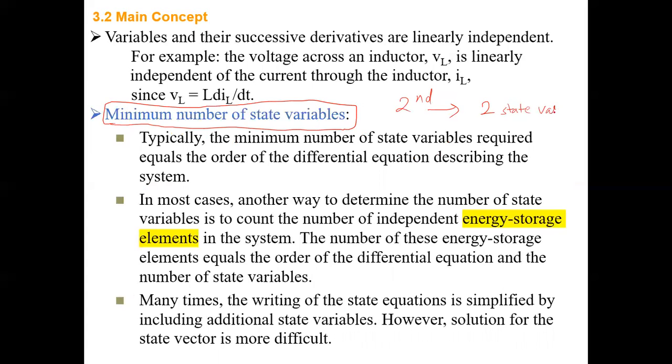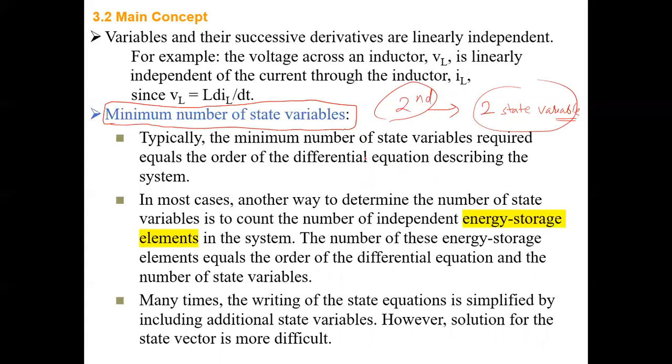So 2 is the minimum. The minimum number of state variables is equal to the order of the differential equation. If you have third order, you have a minimum of 3 state variables. If you have fourth order, you have a minimum of 4 state variables.